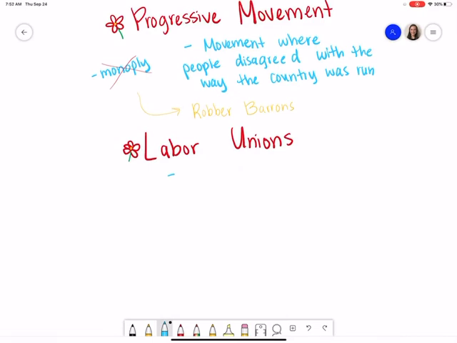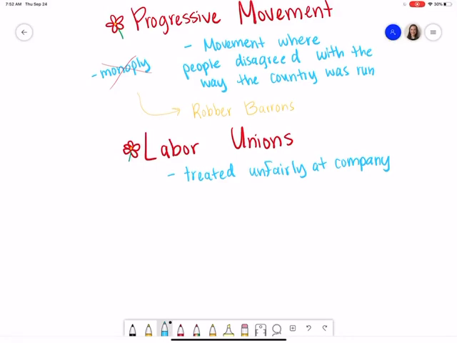Okay, so labor unions were set up because people were being treated unfairly at companies. So a labor union was created so that there could be leaders that went and met with the company and they would try to compromise.